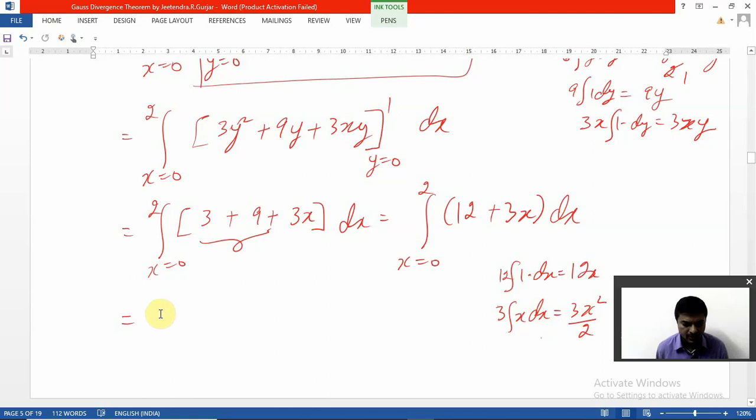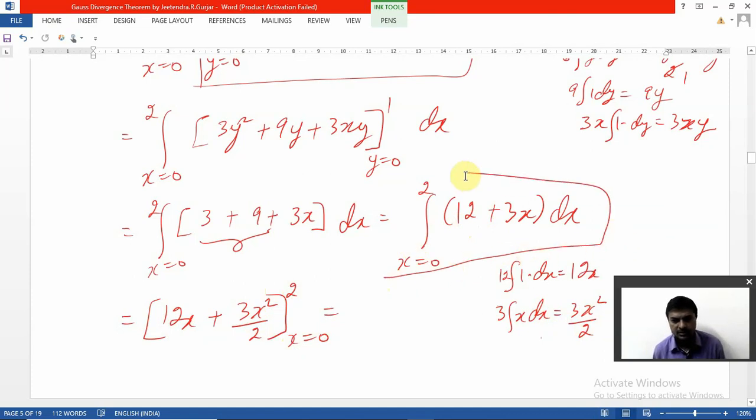So the result is 12x plus 3x square divided by 2, please remember in the limit 0 to 2. You can put this directly in the calculator students. Please try it yourself. If you substitute 2, you will get the answer 30.